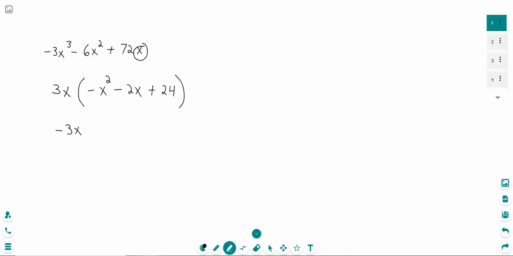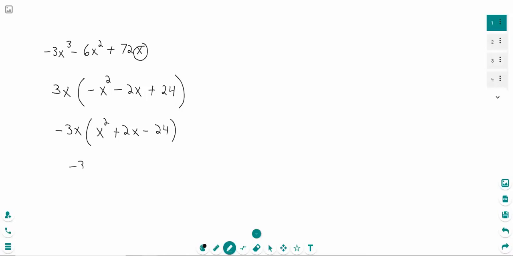Not a +3x, but a -3x. Because what's that going to do? That's going to change all these signs. So the signs will change to their opposites, and we'd end up with this. Right? And at this point, we say, oh, good. Now I don't have a negative in front of my x squared there. This is something I'm more familiar with. I can now try to take this to the next step.